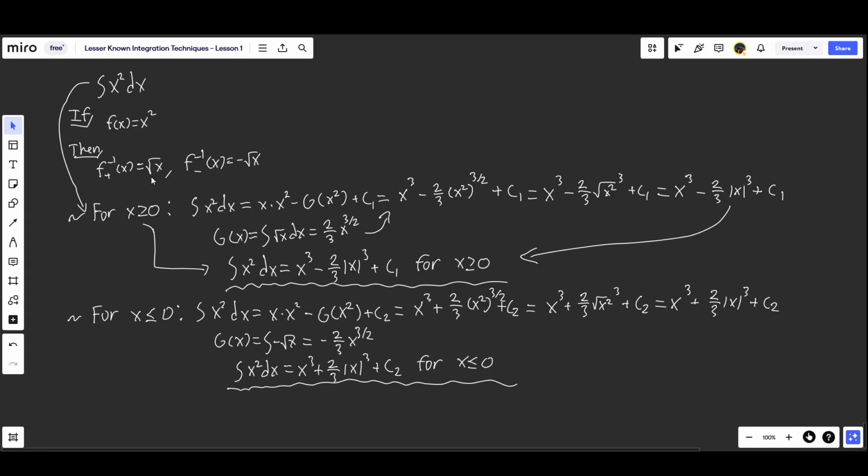For the positive inverse, or the square root of x, we're going to say that the indefinite integral of x squared with respect to x is equal to, through the indefinite form of inverse function integration, x times x squared minus g of x squared plus a constant of integration c. Now I'm going to call this constant of integration c1 because we're going to have 2 in the end, where g of x is equal to the indefinite integral of the positive inverse.